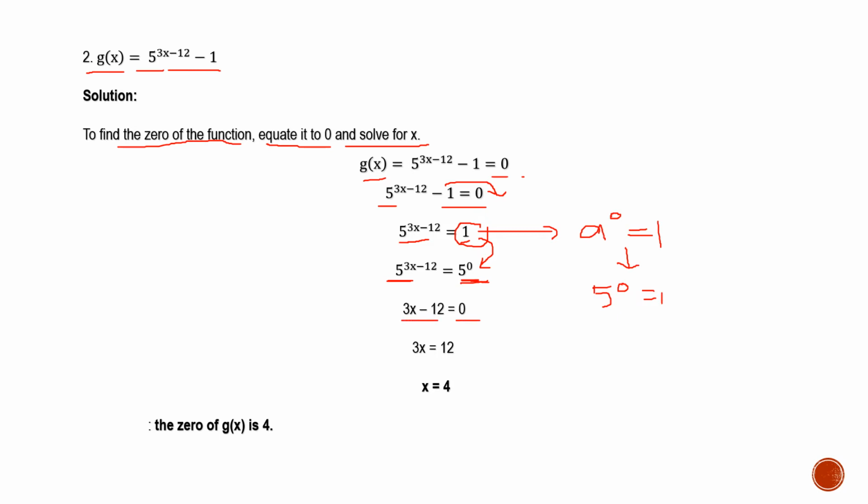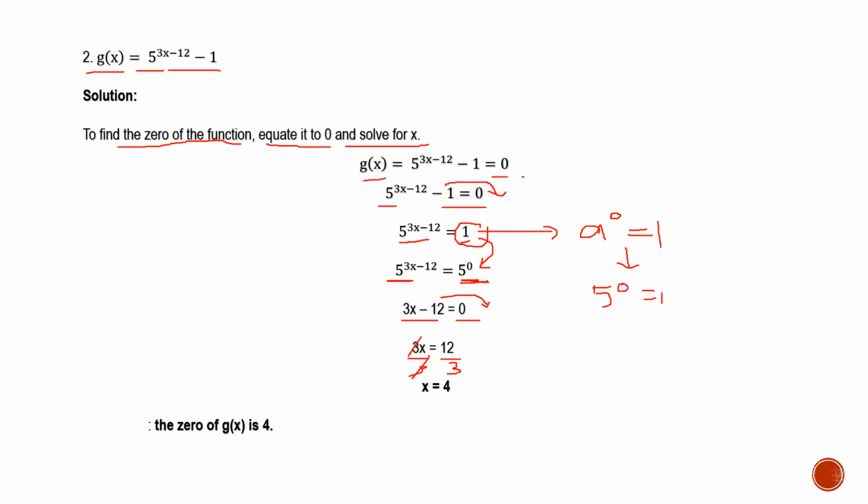Now, we're asked to solve for x, so we transfer this negative 12 to the other side of your equation, so it becomes positive 12, and we copy your 3x. We divide both sides by 3 to cancel the numerical coefficient on the left side.